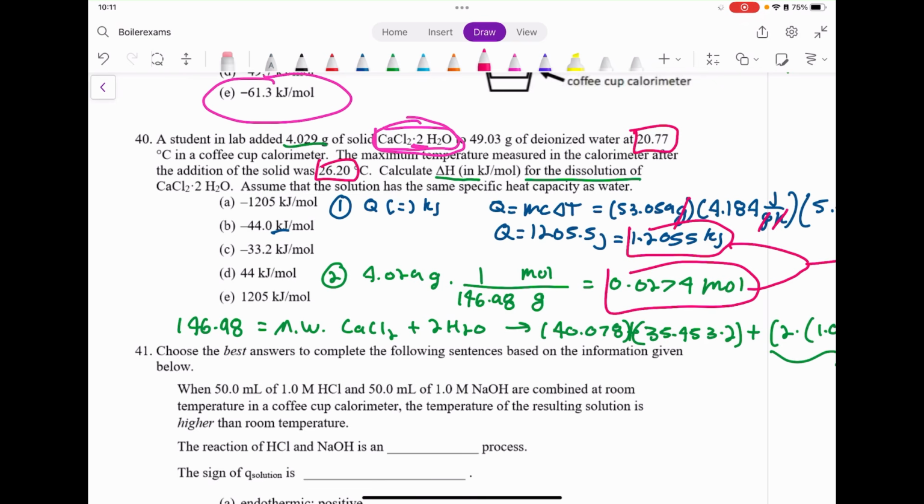It's heating up, therefore it is an exothermic process because it's releasing energy. That's why it's heating up. And I know all delta H processes that are exothermic have negative delta H's. 40B.